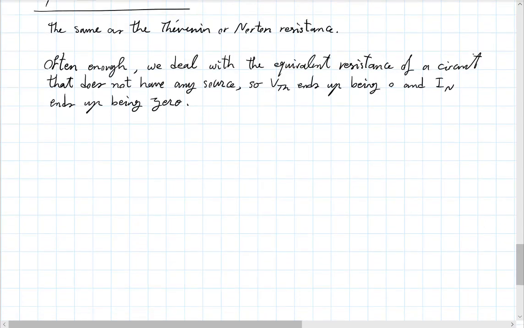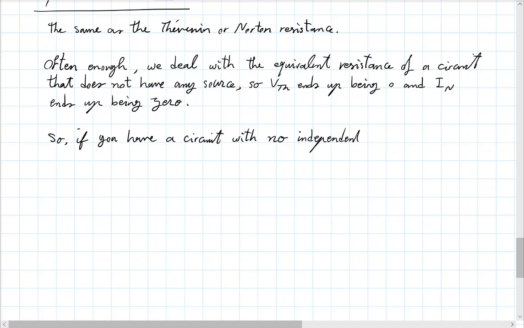So we'll turn this around. If you have a circuit with no independent source, okay? So it can still have dependent sources. Those will not create an excitation. They are really just functional dependencies.